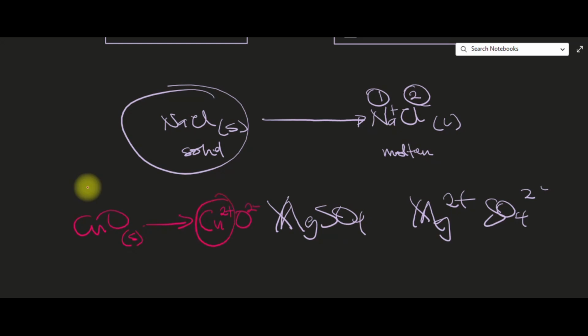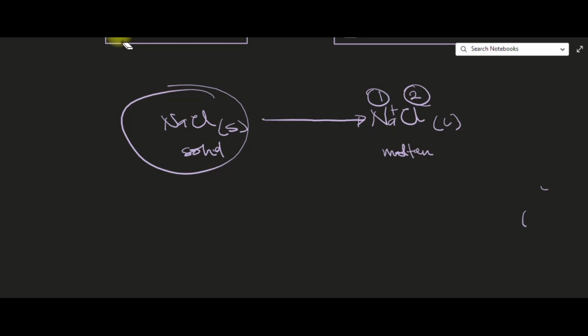You will have 2 ions only. The positive ion, that is the cation, and the anion from your salt that is melted. Those are the ions that will be present in your electrolyte. Only 2 types of ion.